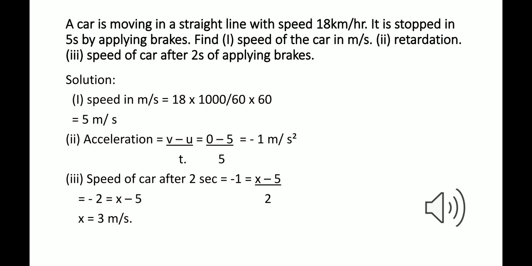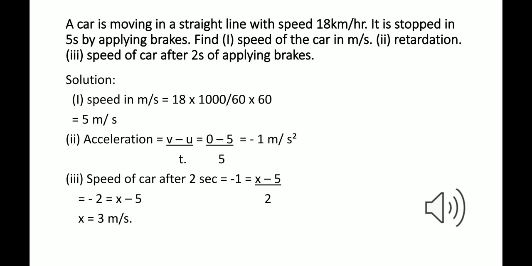Initial velocity we have just calculated as 5 meter per second. And what is the time interval? 5 seconds. The body comes to stop in 5 seconds. So what is it coming? Minus 5 upon 5, so minus 1 meter per second square. That means you can see negative acceleration, and the body is retarding with 1 meter per second square.